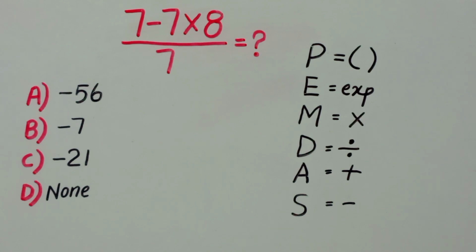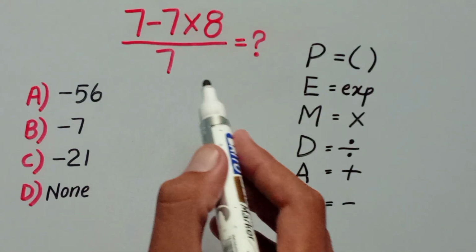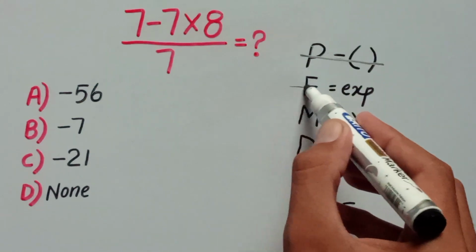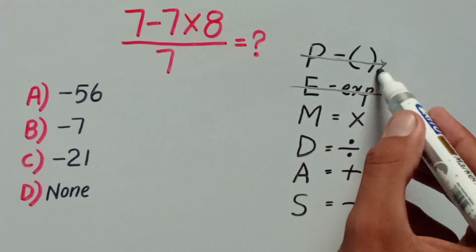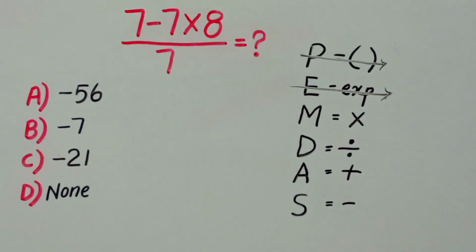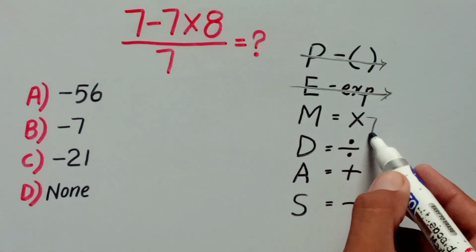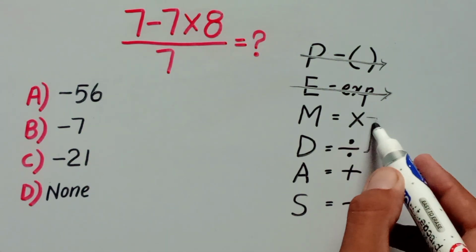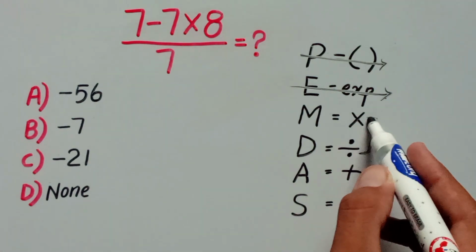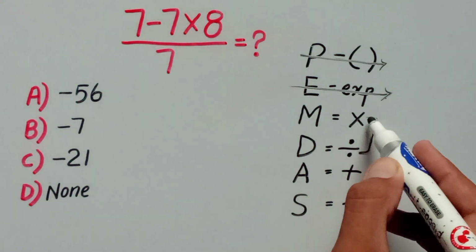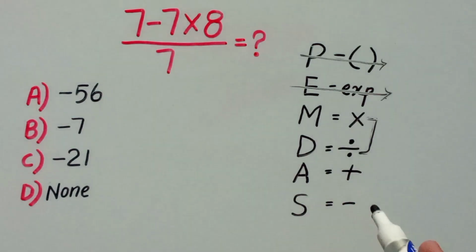Okay guys, now in this question no parentheses or exponent is present, so I can skip these two. Now we can talk about multiplication and division. Remember that multiplication and division have equal priority and we go from left to right.